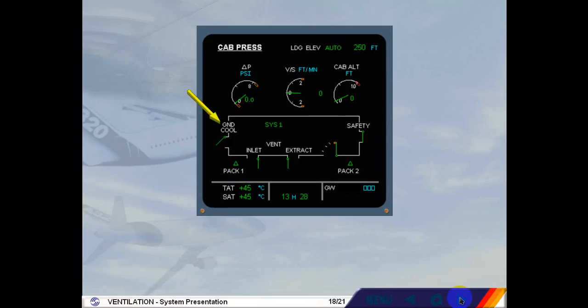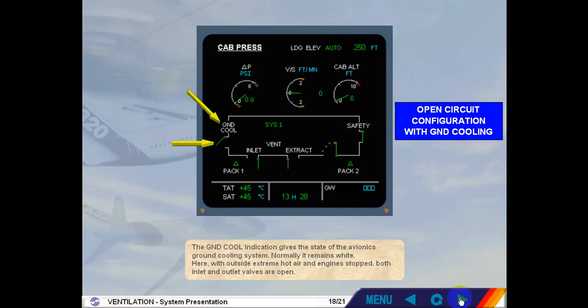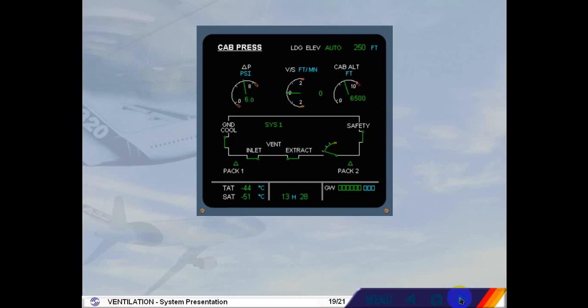The ground cool indication gives the state of the avionics ground cooling system. Normally it remains white. Here, with extreme hot outside air and engines stopped, both inlet and outlet valves are open. In this example, both valves are closed, and the avionics ventilation system is in closed circuit configuration.